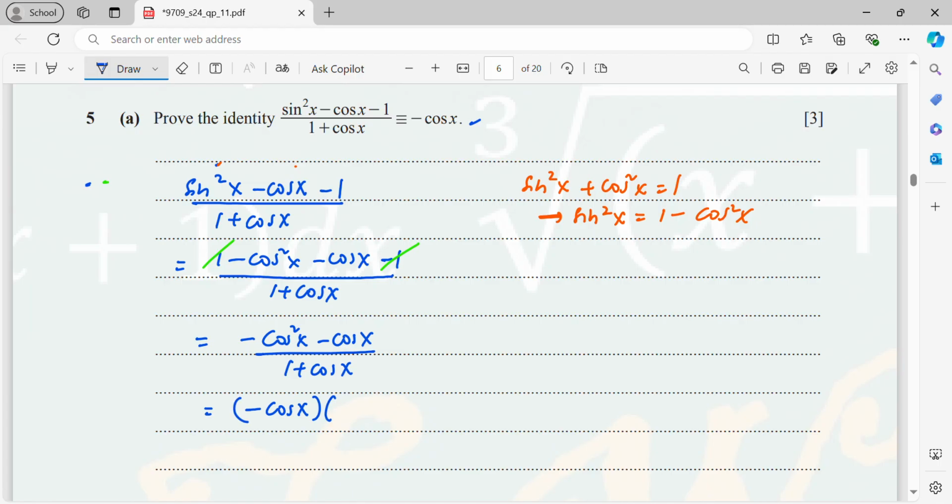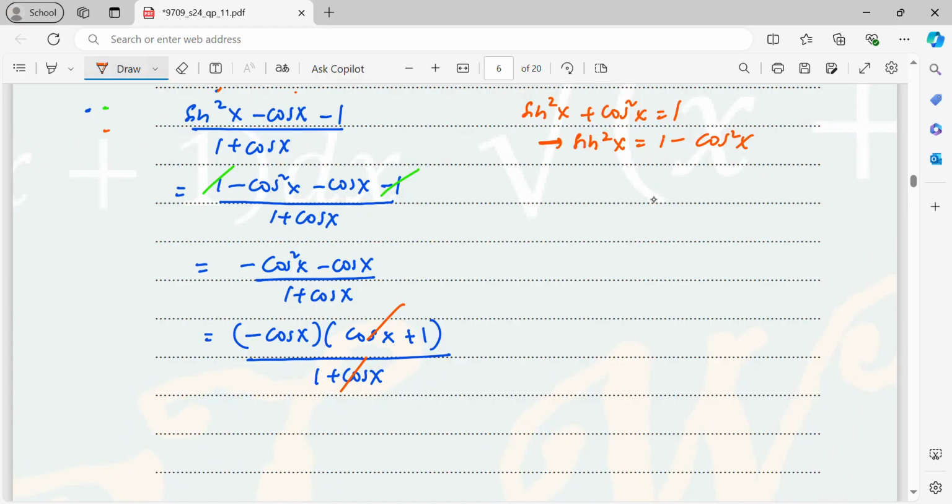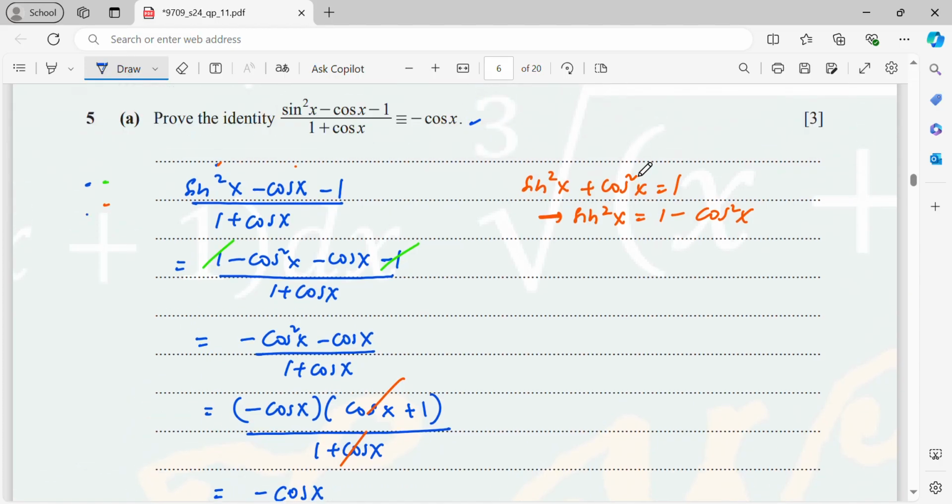Once you have factorized minus cos x from the numerator, you will be getting cos x plus 1, then over 1 plus cos x. So now the 1 plus cos x and cos x plus 1, actually they are the same term. Therefore here, after you've cancelled off both the numerator and denominator, you will be getting minus cos x. So this is what we need to prove.